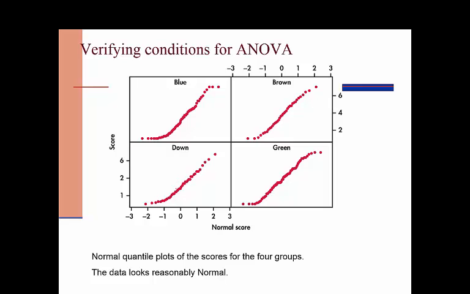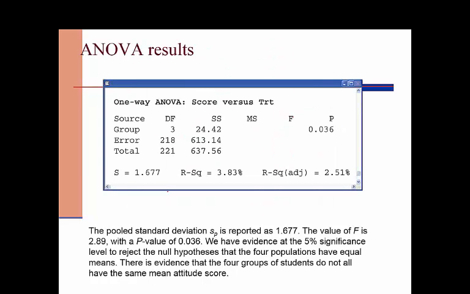Well, first we have to check for normality. Assumption of normality, and we do a normal quantile plot. And it looks fairly normally distributed. Okay, normally distributed, so this is good. And assuming the other assumptions hold, Minitab then gives us back this output.